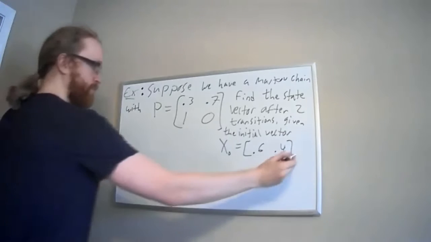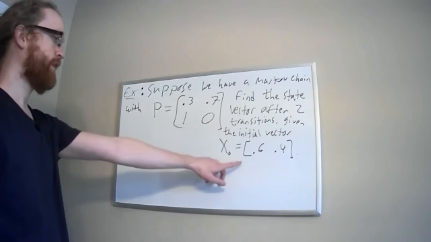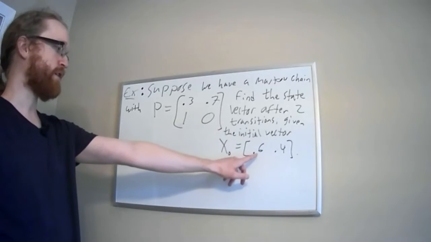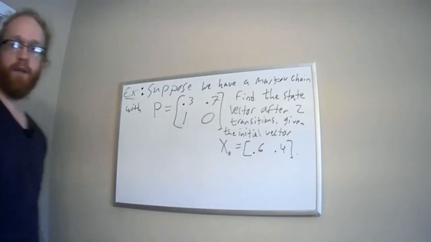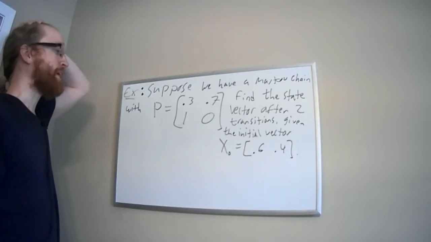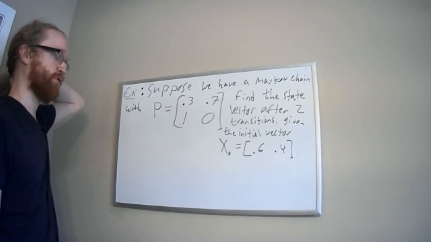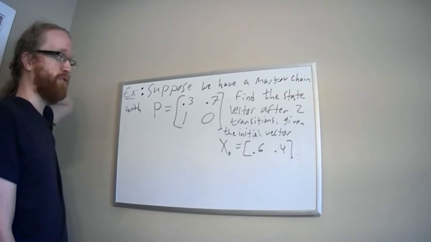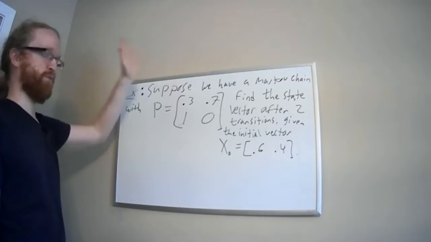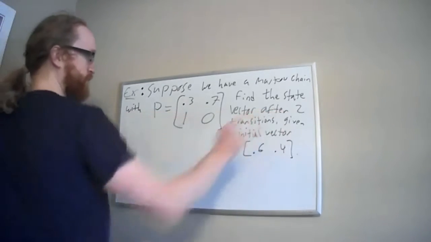Again, I have to have a starting point, so I need an initial state vector. It'll be this x0 equals 0.6, 0.4. That's our initial probability vector. Given that, what is the state vector after 2 transitions? That's what we're looking for. So I'm basically doing the last problem again, but with different numbers, because we're still looking for after 2 transitions.